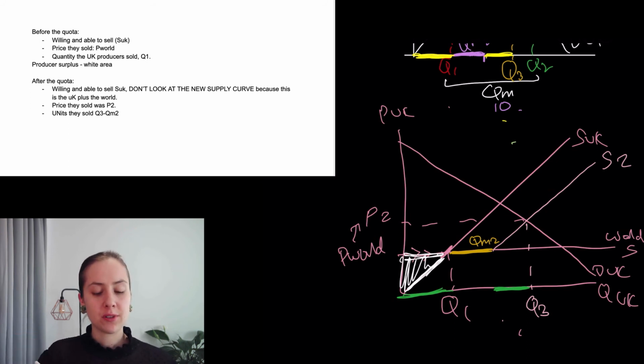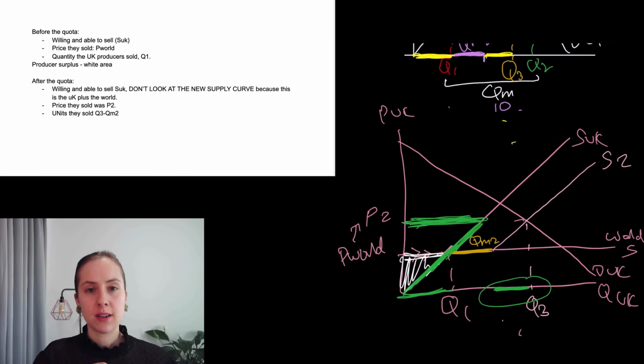As a result, their producer surplus is going to be the difference between the price and the UK supply curve. I know the UK also sells these units here, but I've already taken that into account. That area is the same as this bit.